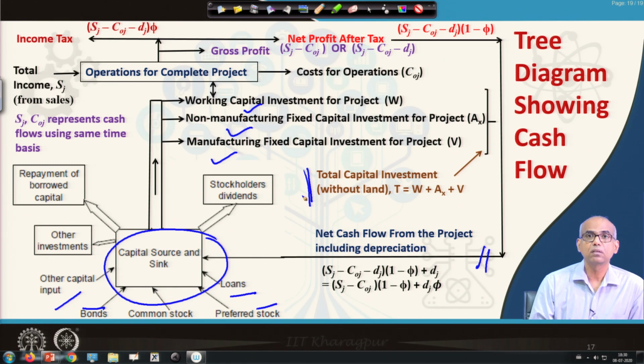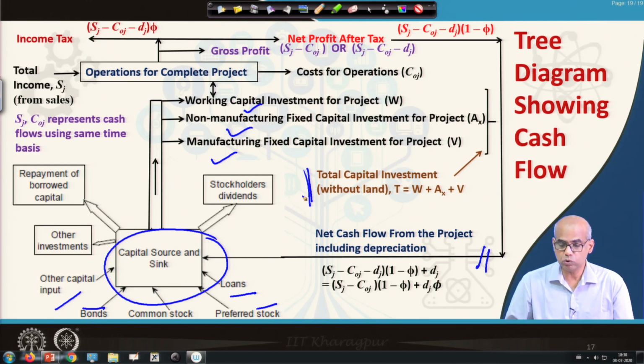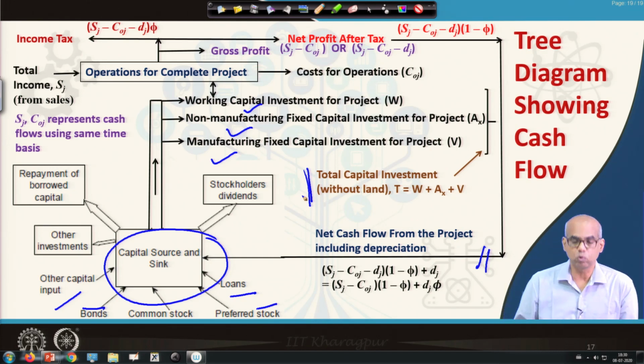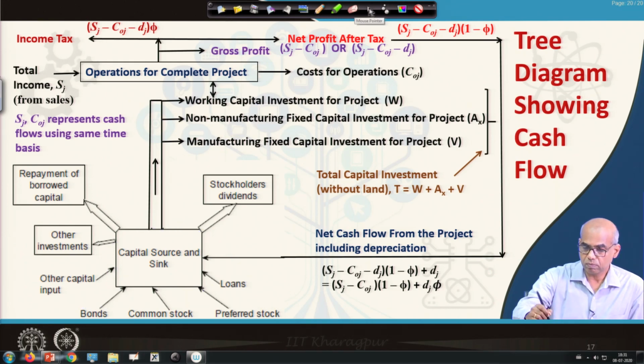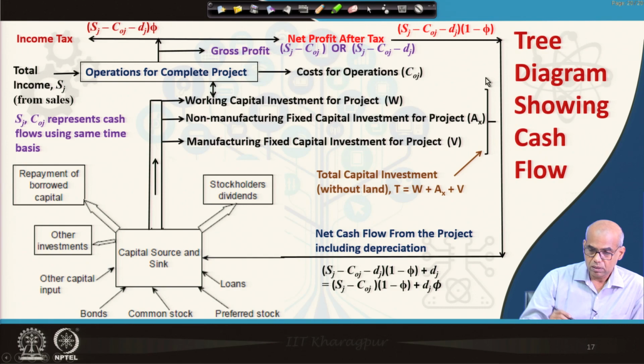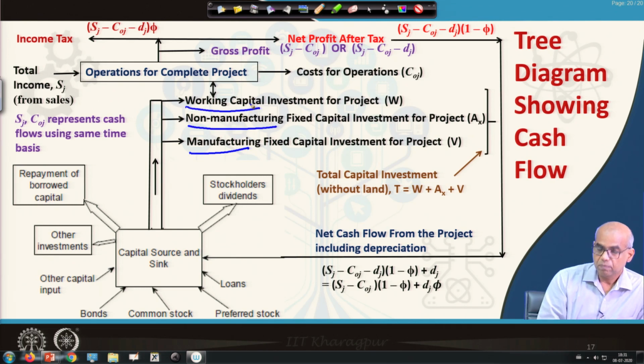In the next, we will see another cash flow diagram to represent such financial situations of a plant, where land will be included. Now, from the source, the capital flows for manufacturing fixed capital investment, non-manufacturing fixed capital investment and the working capital.